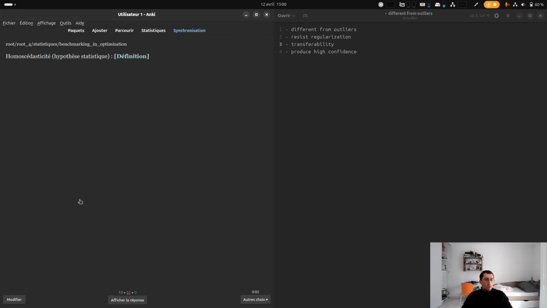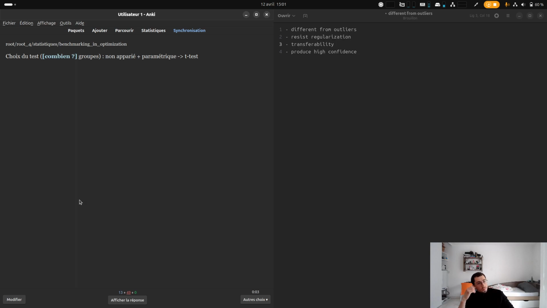So what is homoscedasticity? It's simply you have your two data groups. Is the variance of both more or less similar? Analysis where we compare several algorithms. Okay, but it's just like a single problem analysis.